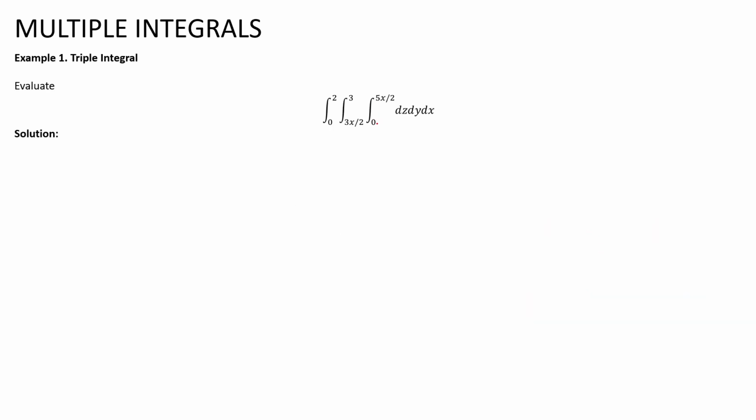For example, you're going to evaluate dz first, dy next, and then lastly dx. It's not necessarily that you're going to start with x, y, z. It will depend on the arrangement presented in the problem.